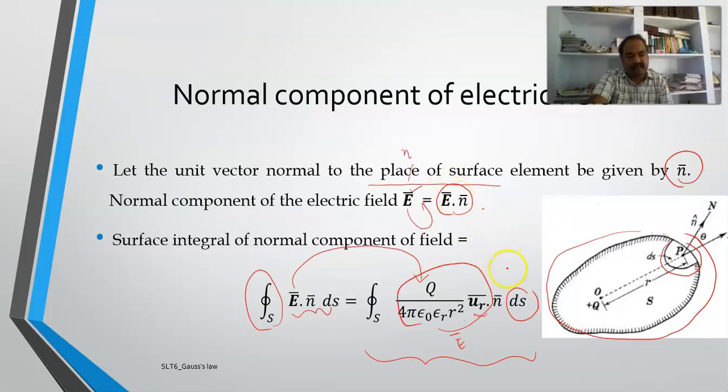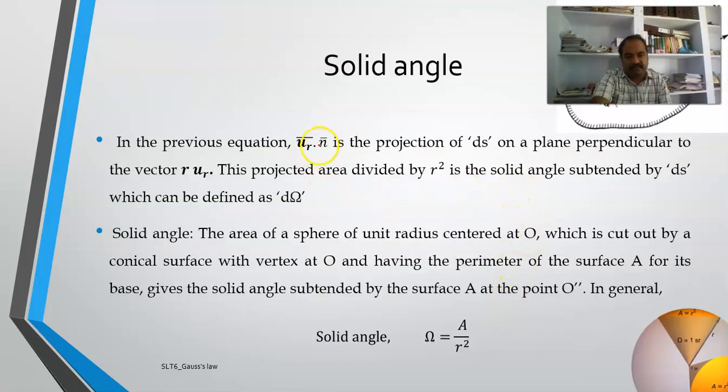If you see, there is a dot product of two vectors here, which is nothing but UR, the unit vector along R, and n bar, the normal. My unit vector will be in this plane itself, whereas n bar will be in this direction.